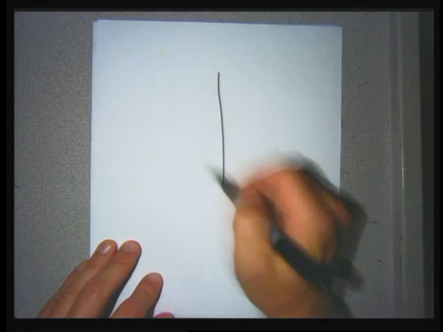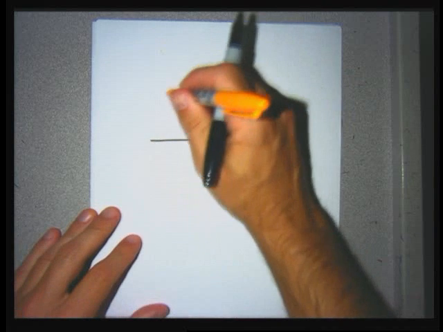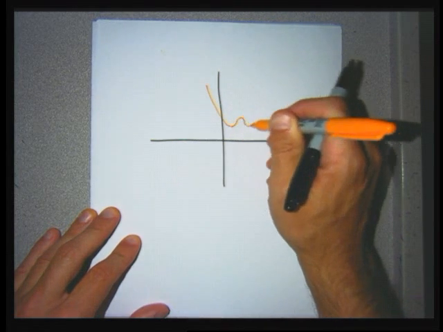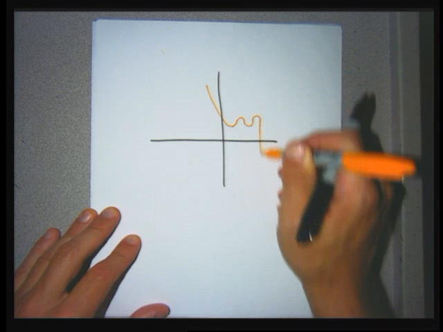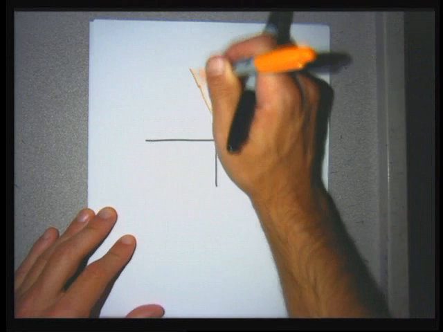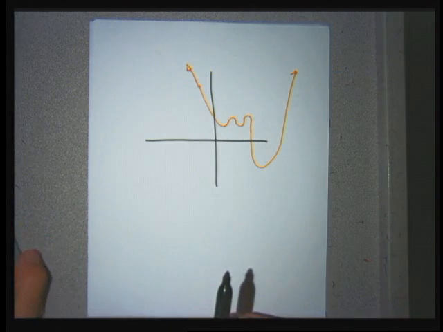Maybe one more of these. So this graph, again, it doesn't matter how many wiggles it has in the middle to answer what the left and the right end behavior is. You move to the very ends of the graph.